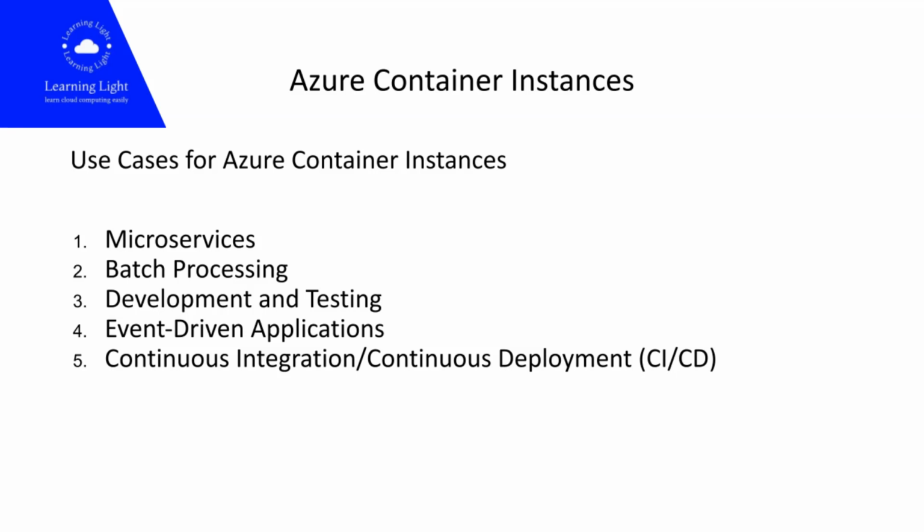For example, Azure Functions can trigger ACI to run containers in response to specific events, allowing automated and scalable processing pipelines. It can also be integrated into CI/CD pipelines for build, test, and deployment processes. This helps to streamline the software development lifecycle and ensures that applications are continuously tested and deployed in consistent environments.